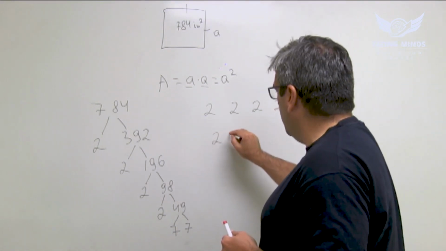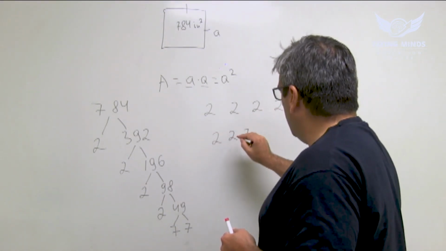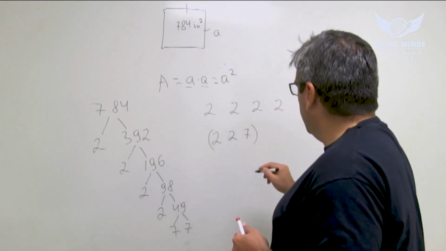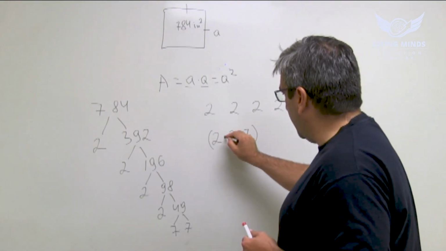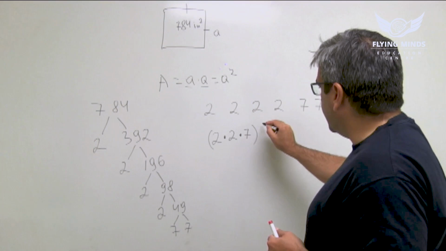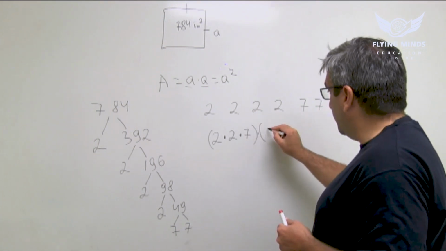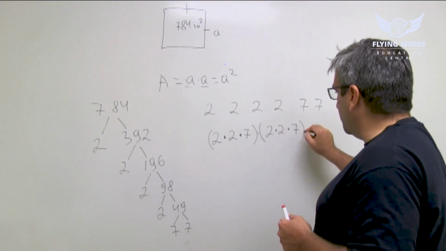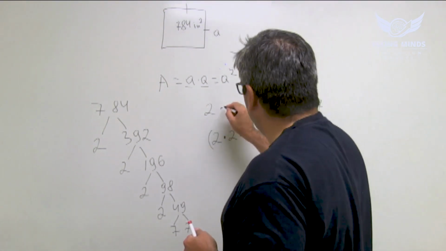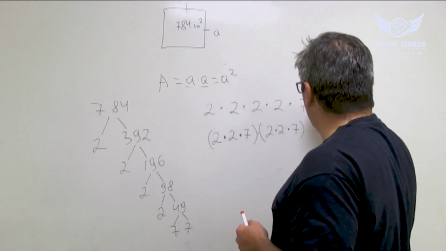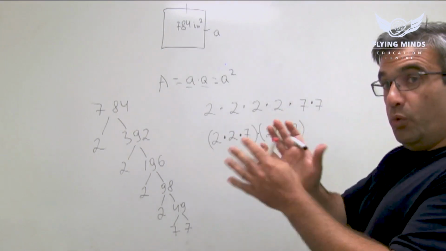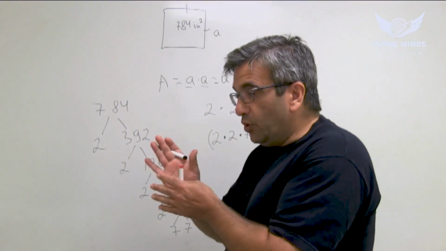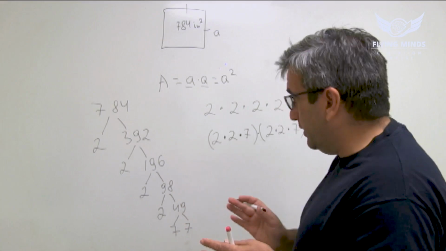So it will be 2, 2, and 7 in one group, and we multiply them. The second group will again be 2, 2, and 7. Because it's multiplication of prime factors, we can regroup and multiply in any order we want.